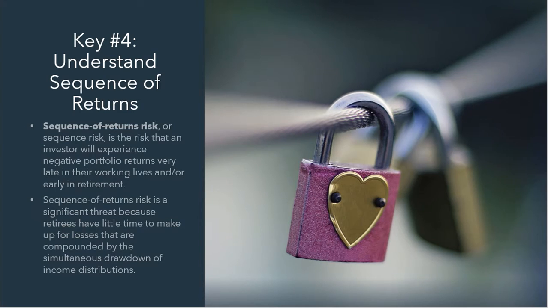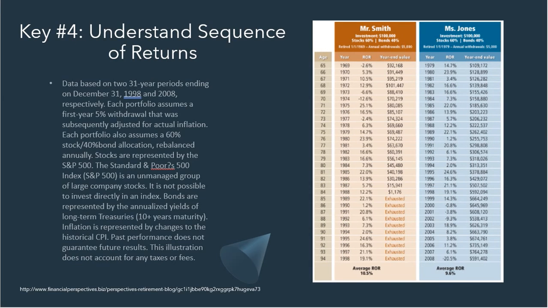Just a quick example, and I'll go to this slide to show you the numbers of what happens when you have the sequence of return risk come into play and what happens when you don't. I'm not going to go through this in detail, but basically, if you can protect your income initially in retirement, you're much better off at the end. So I'm going to tell you a quick personal story. My father had a 401k that he had built up.